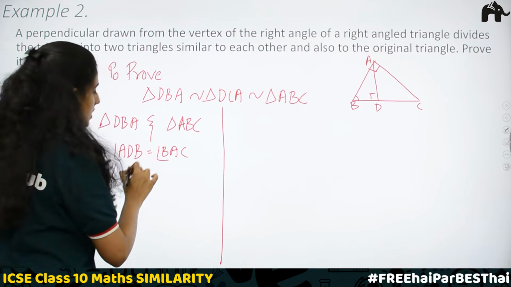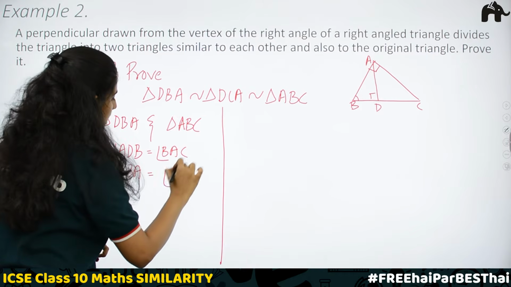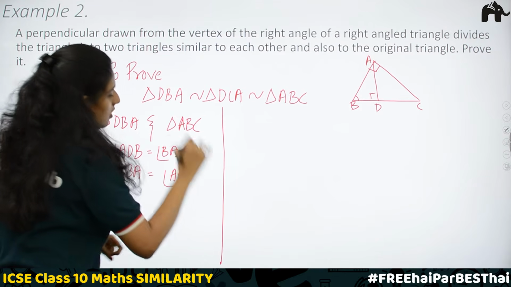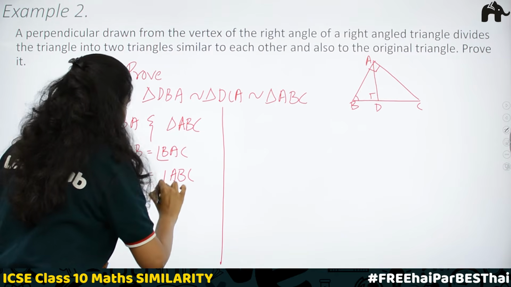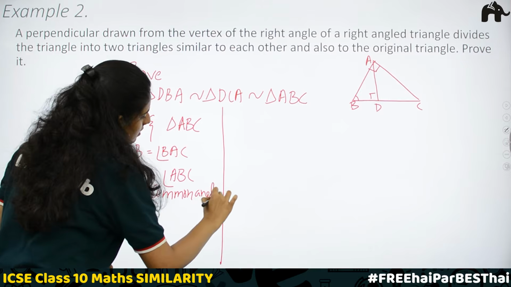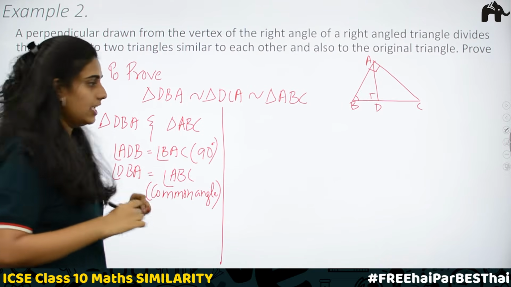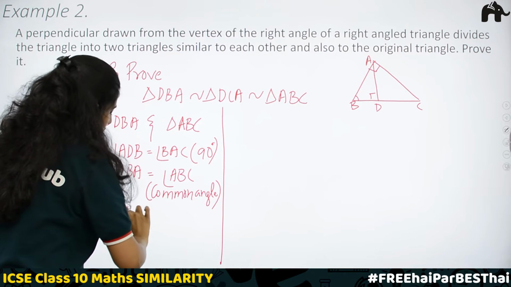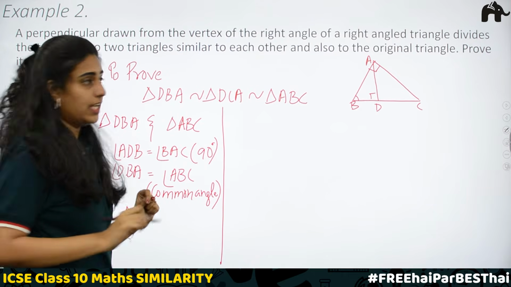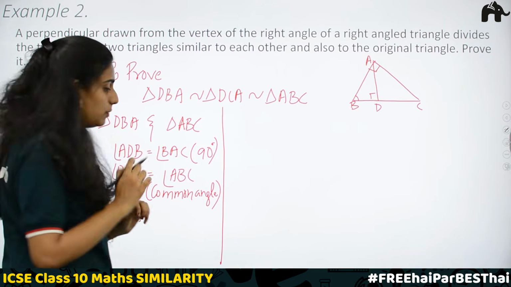Angle DBA is equal to angle ABC. What is the reason? Common angle. Both these are 90 degree. Therefore, these 2 angles are equal. Now, according to the AA postulate, if 2 angles are equal, then the third angle will also be equal.